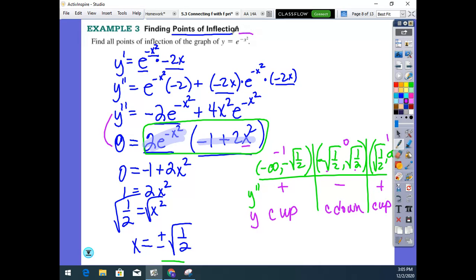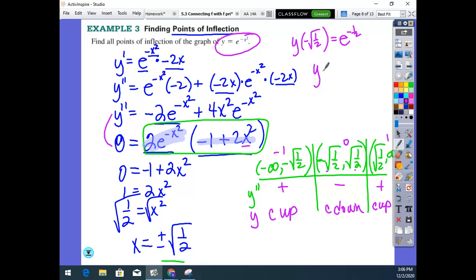Okay, so now we need to figure out what the coordinate points are. So if we plug in negative square root of 1/2, I just get e to the negative, and the negative in front is just going to be negative, and I square it, 1/2.